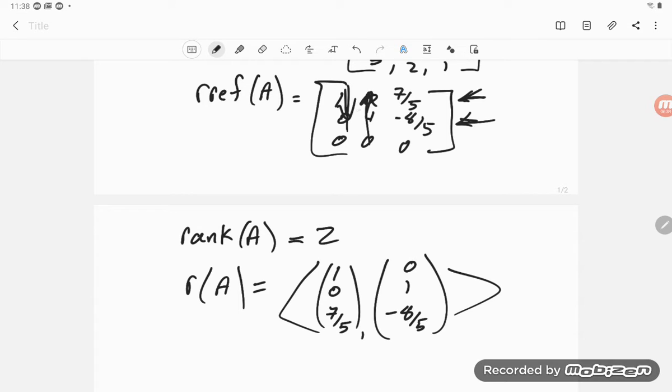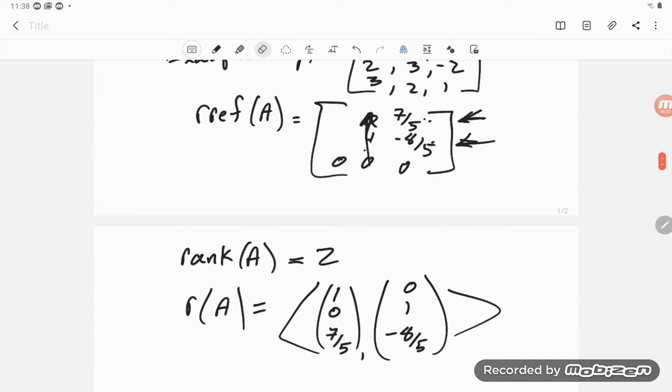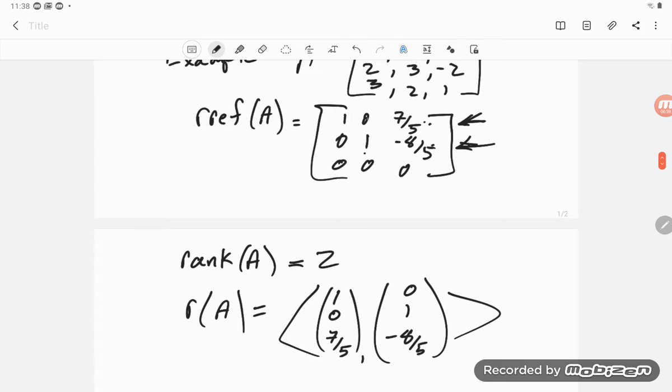So there's no way to add the two rows together to get 0 other than to use coefficients of 0, right? There's no way to zero out that 1 except by multiplying it by 0, because everything else above it and below it are zeros, and same thing with the first one.